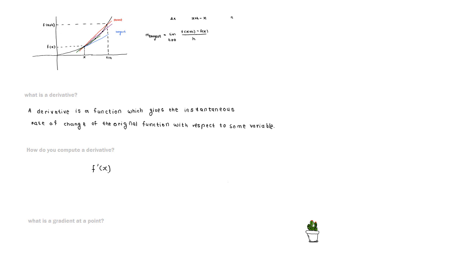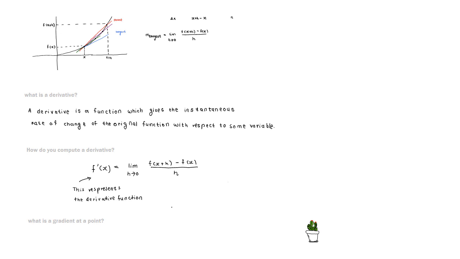This represents the derivative function, and the derivative function is equal to the gradient of a tangent line at any given point, and the gradient of a tangent line is equal to the limit as h tends to 0 of f of x plus h minus f of x all divided by h.